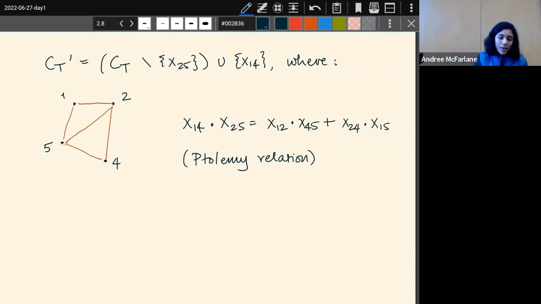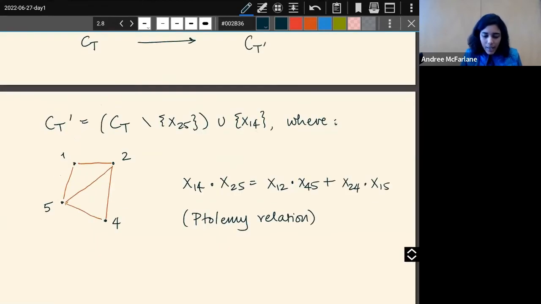At the moment, I don't have any cyclic quadrilaterals or anything. It's just purely algebraic formalism. But the relation that I impose is that x14 times x25 is x12 x45 plus x24 x15. And therefore, this tells me how to compute x14: x14 is the quotient of the right-hand side by x25.